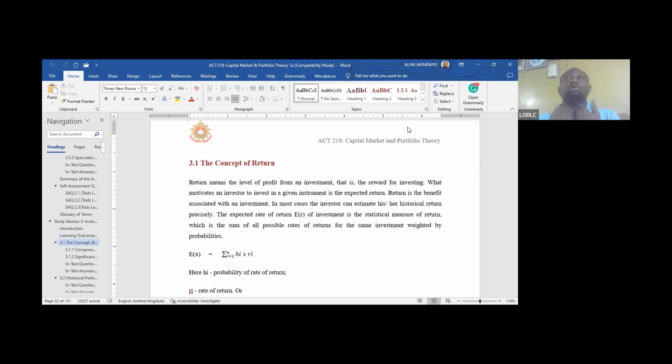When you invest in a particular company, what comes to your mind is your capital appreciation in form of return. So the profit that you earn at the end of the day is the reward for investing. What motivates you as an investor is to invest in a given instrument with the expected return.